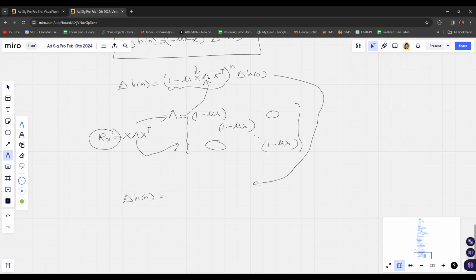1 minus mu lambda to the power n, some kind of 1 minus mu lambda into n expression. I can denote this delta Hn in terms of this expression. I can say it is corresponding to this 1 minus mu lambda expression. Also, this is multiplied by this.